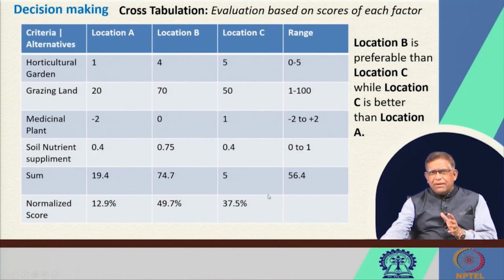Then out of the total sum, 19.4 plus 74.7 plus 5 and so on, 19.4 divided by 56.4 into percent is 12.9%. So you can find that among locations A, B and C, location B has a better score. So you may select B because it considers all the criteria.